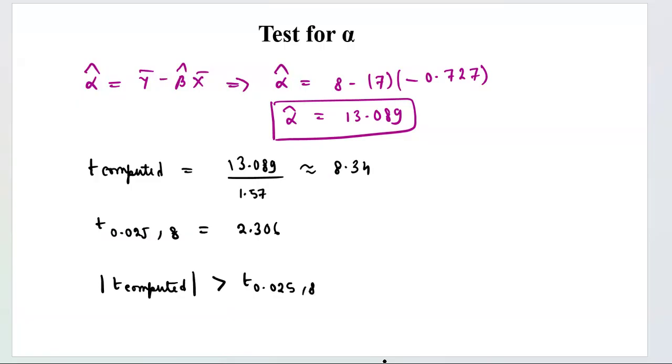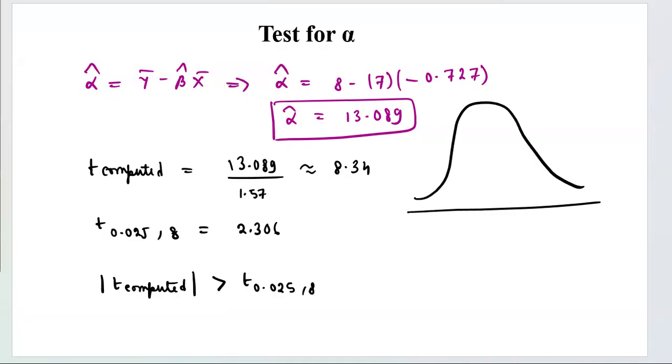If you see from the diagram, the critical value is like this, 2.306, here you have minus 2.306, but your computed value is somewhere here, 8.34, right? So it clearly falls in the rejection region. So we will conclude that we reject H naught.